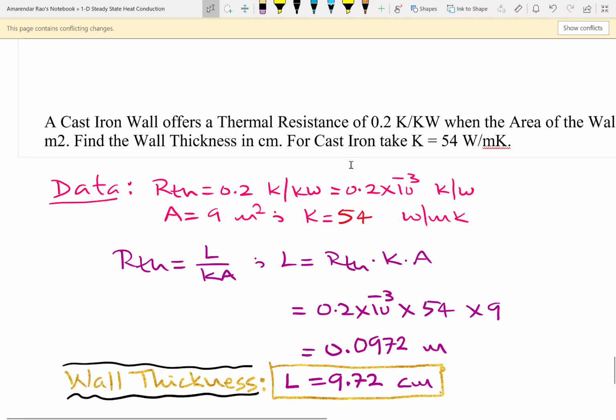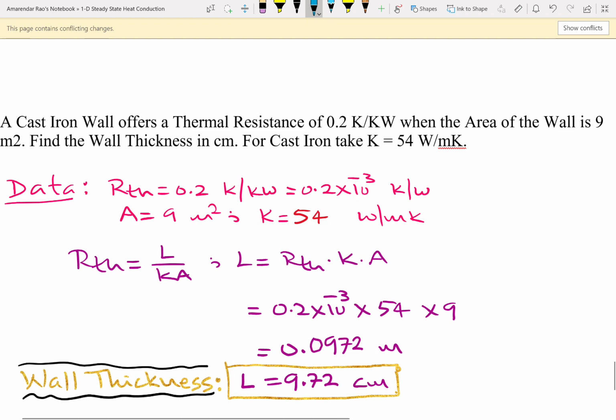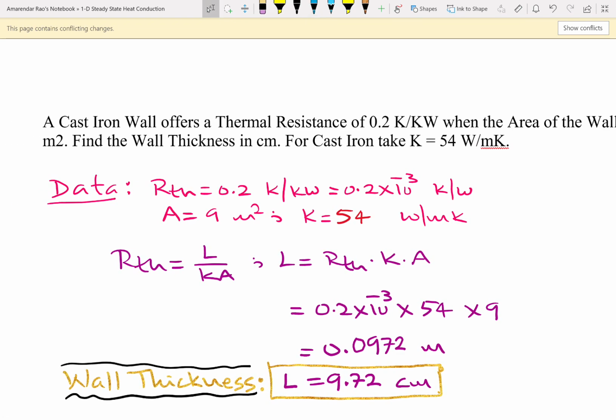Then lastly, a cast iron wall offers a thermal resistance of 0.2 Kelvin per kilowatt when the area of the wall is 9 meters square. Find the wall thickness in centimeters. For cast iron, take K as 54 watts per meter Kelvin. Again, thermal resistance is 0.2 Kelvin per kilowatt.